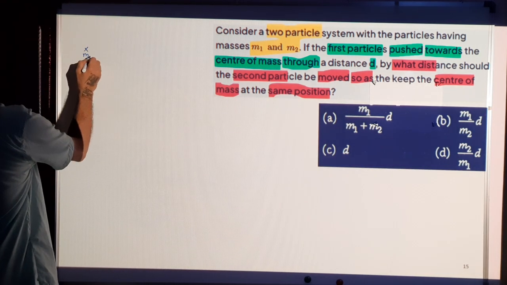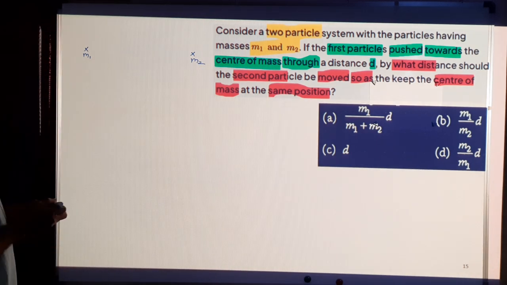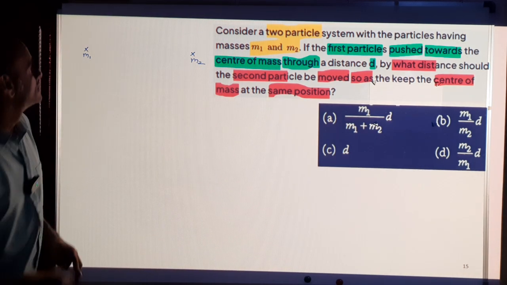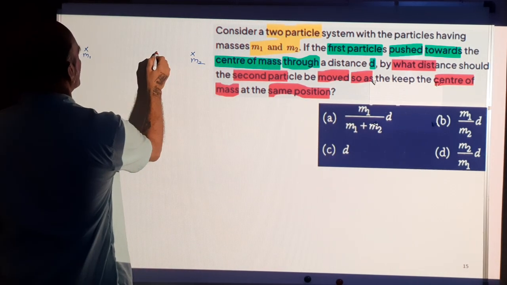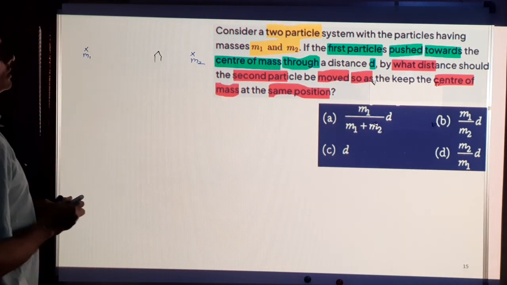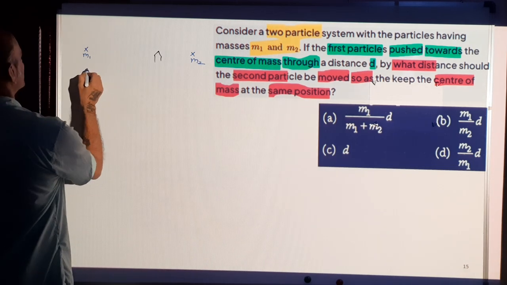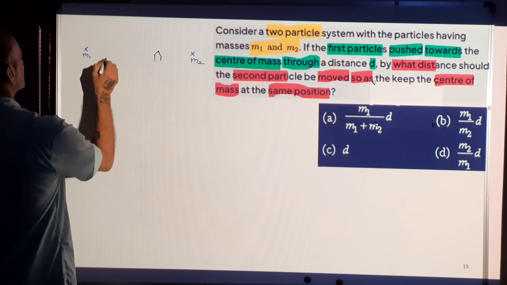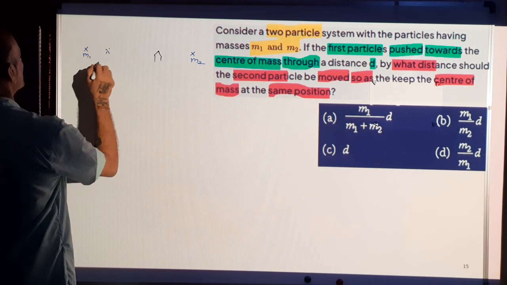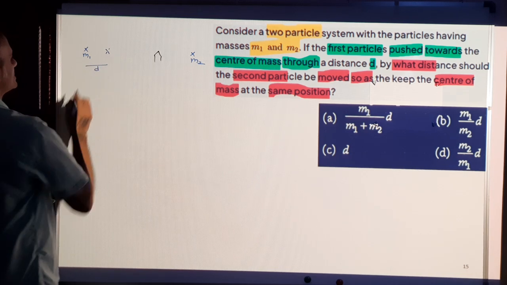Two masses m1 and m2. Let the center of mass be here. Let me assume m2 is heavy. Now, the first particle is pushed towards the center of mass by distance d. So this first particle has come here. This is the new position of the first particle, and the distance which it is pushed is d.